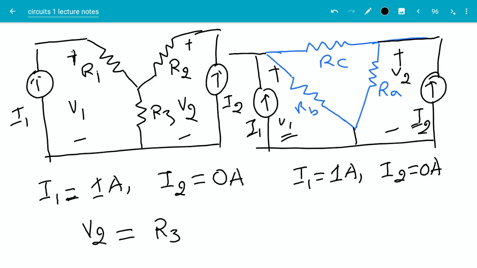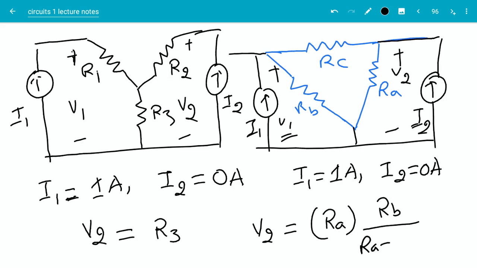We can do the same thing on the right hand side. Set I1 as 1 ampere, I2 as 0 ampere. Then V2 will be equal to the resistance Ra times the current through the resistance Ra, which we can get by using the current division rule, which will be equal to Rb divided by Ra plus Rb plus Rc.